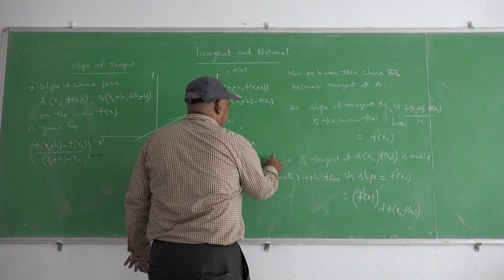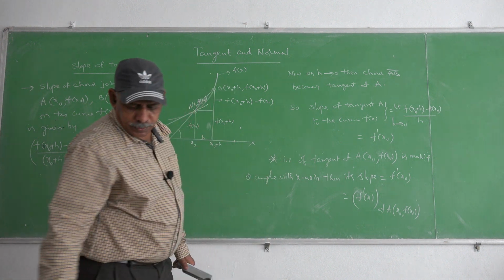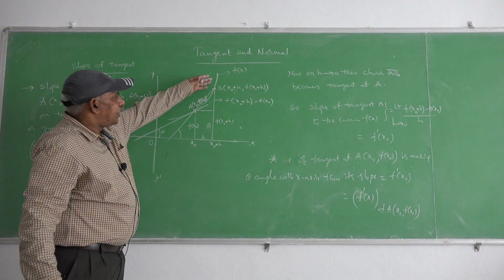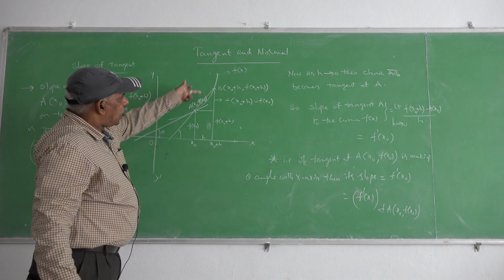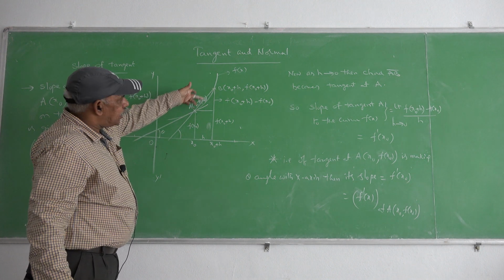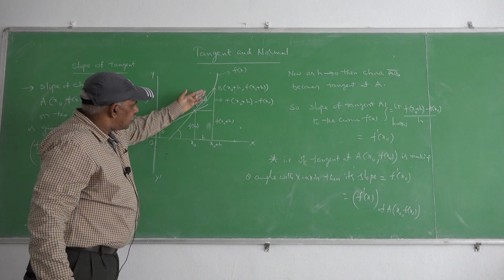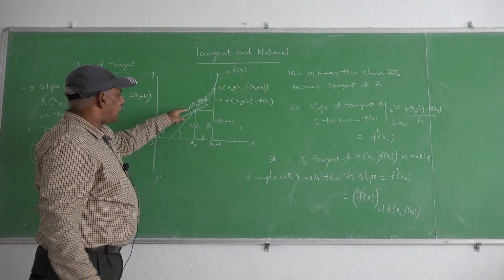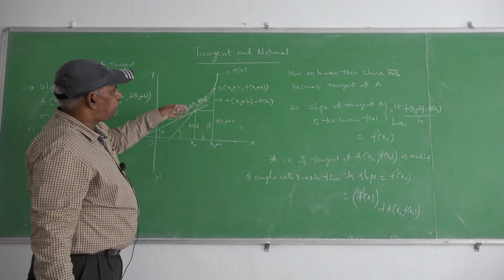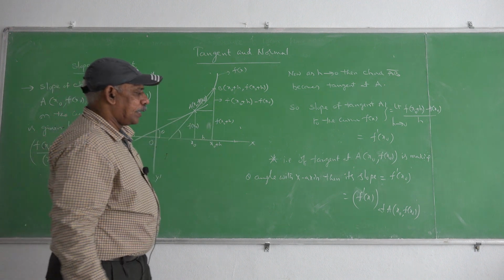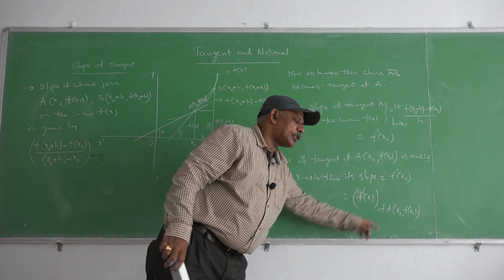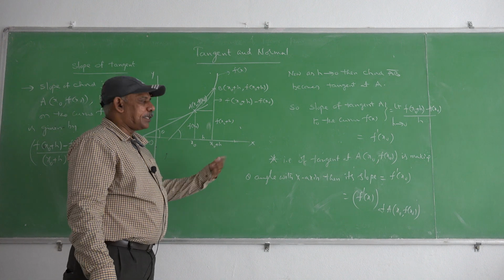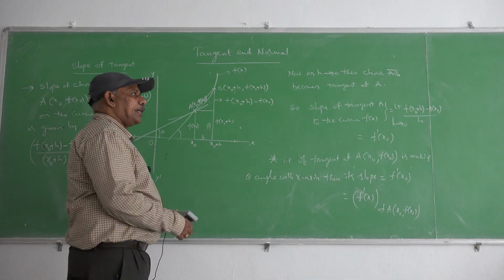So this is an important point. Joining 2 points on the curve gives us a chord. As B is moving towards A, this chord becomes the tangent at A. If the tangent is making theta angle with the positive direction of x axis, then f dash of x at x equal to x naught gives us the slope of the tangent, which is nothing but tan theta.